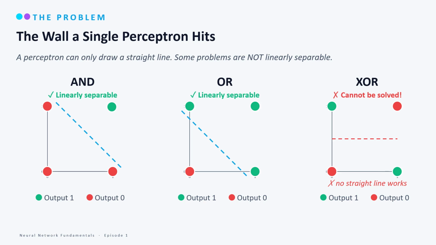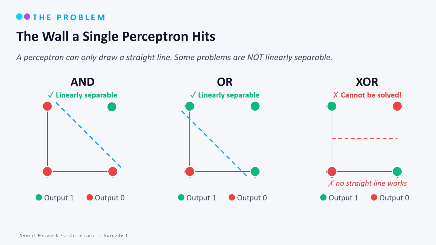Look at this. A single Perceptron can only draw one straight line to separate things. For simple stuff like AND or OR logic, that works great. You can draw a line easily, but then there is XOR, exclusive or. Look at this picture. Can you draw one straight line that separates the green dots from the red dots?